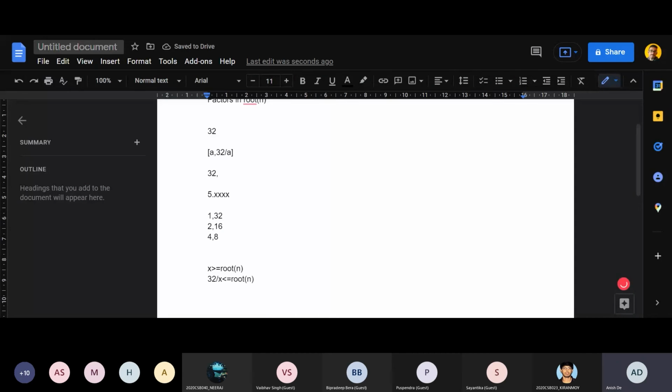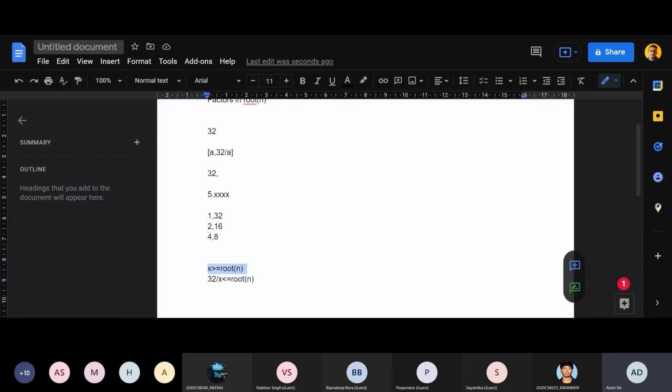So we don't need to check the factors which are greater than root of n, because we will automatically find them in pair of those factors which are less than root of n. For example, if we take this factor which is less than root of n, we will already find x.